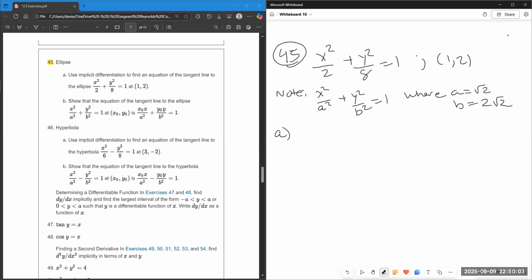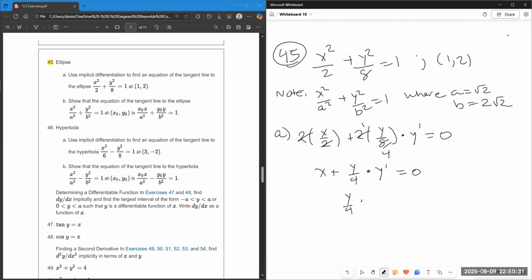So we're going to use implicit differentiation here: 2 times x over 2 plus 2 times y over 8 times y prime is equal to 0. So we have x plus y over 4 times y prime is equal to 0.